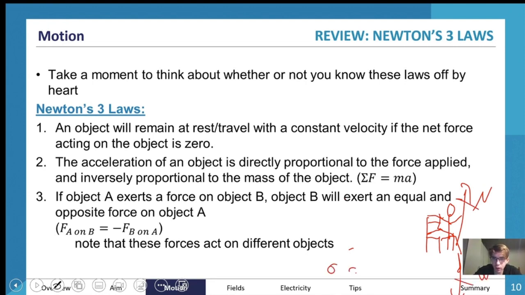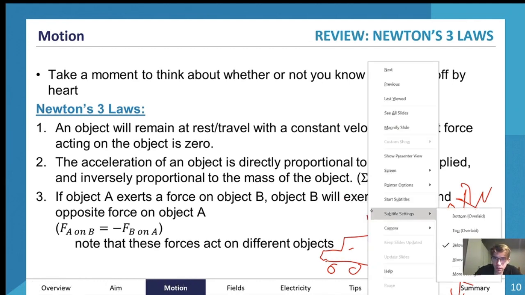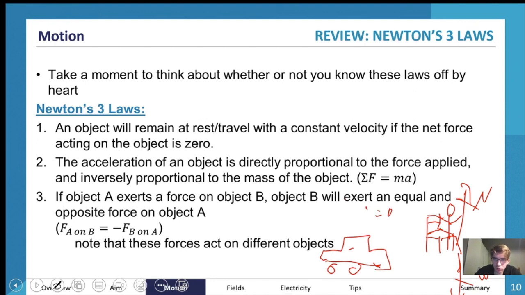Same thing for a car, right? When a car is at rest, that is velocity is equal to 0, obviously no force acting on the car besides weight force and normal force. On the horizontal plane, no force acting. If velocity is constant, then it means the thrust force by the engine equals the friction force. They cancel each other out, hence velocity is constant.